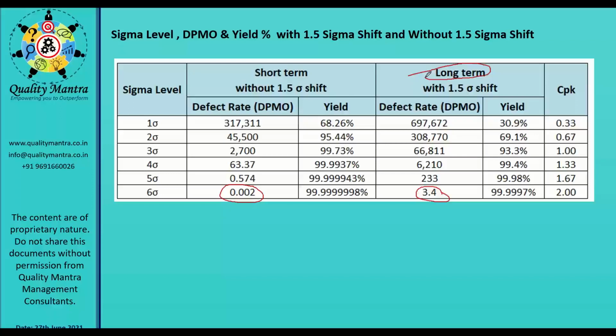So for a smaller duration, specifications can be located at 6 standard deviation, but in the longer scenario there is a 1.5 sigma shift, so they are actually placed at 4.5 sigma level. That's why, even if you operate at 6 sigma level with the 1.5 sigma shift, there are chances of 3.4 defects per million opportunities.